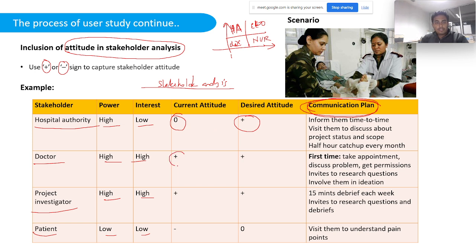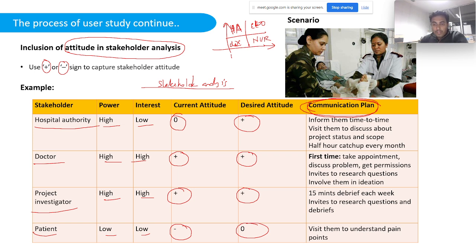The doctors are positive; they are the key stakeholder, and you want them to be positive also in future. Similarly, project investigators have to be positive in the current time as well as in future. A patient may be negative sometimes, so this is just an example, they may have a bad feeling about your product, but you want them to be at least neutral.